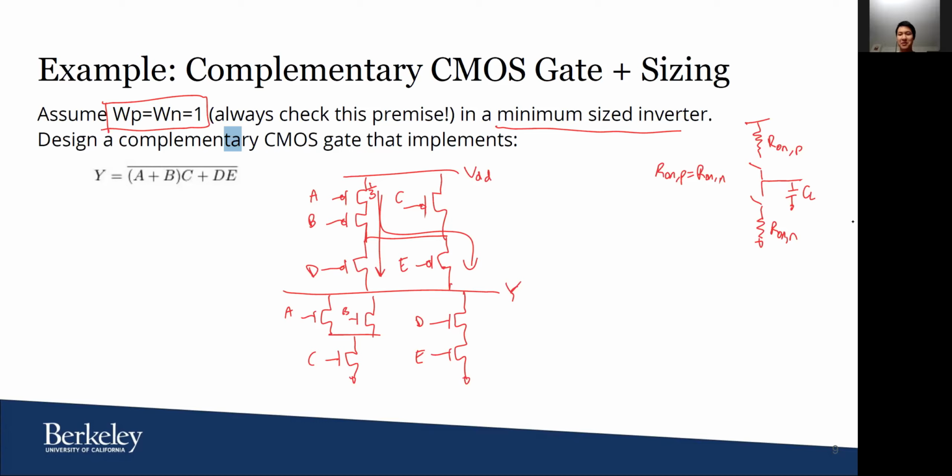I think you have it backwards. It actually needs to be 3, because if you have width 3 in series, you get more driving capability. You need R over 3, R over 3, R over 3, in order to be equal to R. Make sense? Yeah, correct.